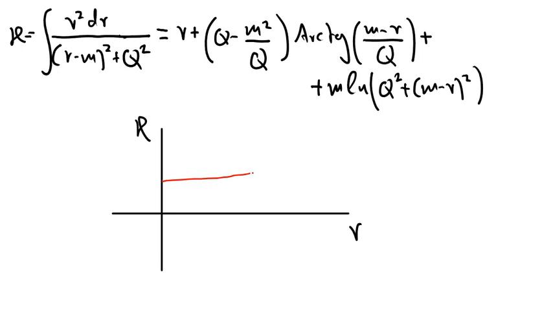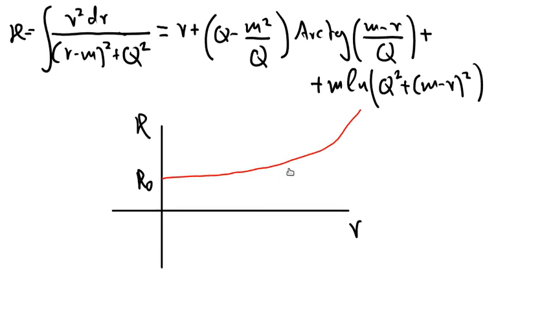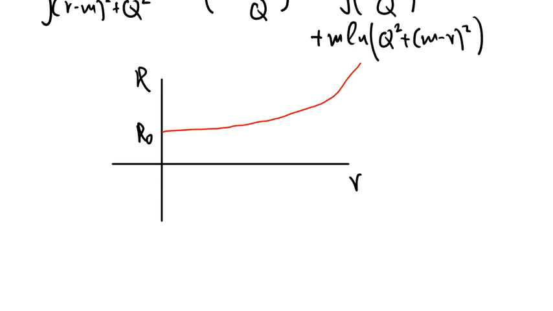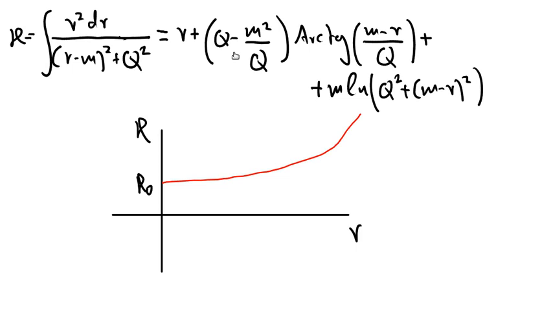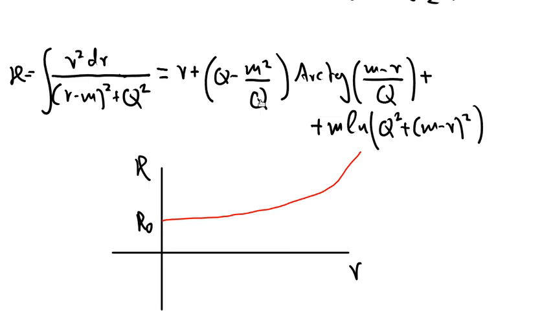So its qualitative behavior is like this, something here, which is R naught, a positive quantity, because by construction this is a positive function.